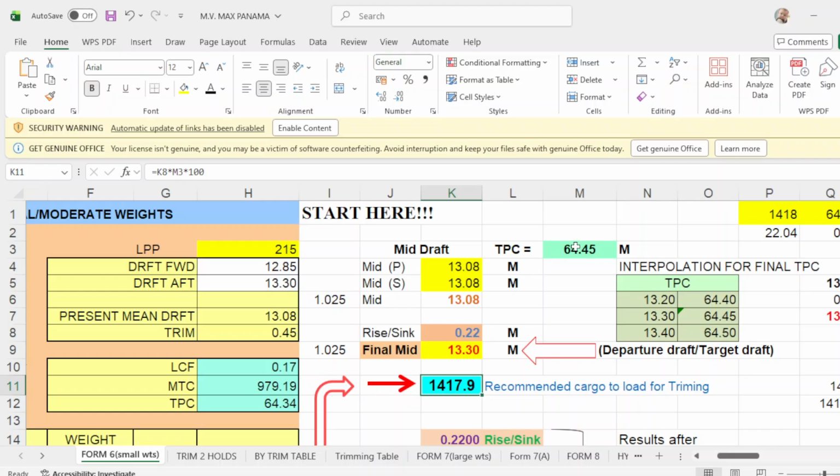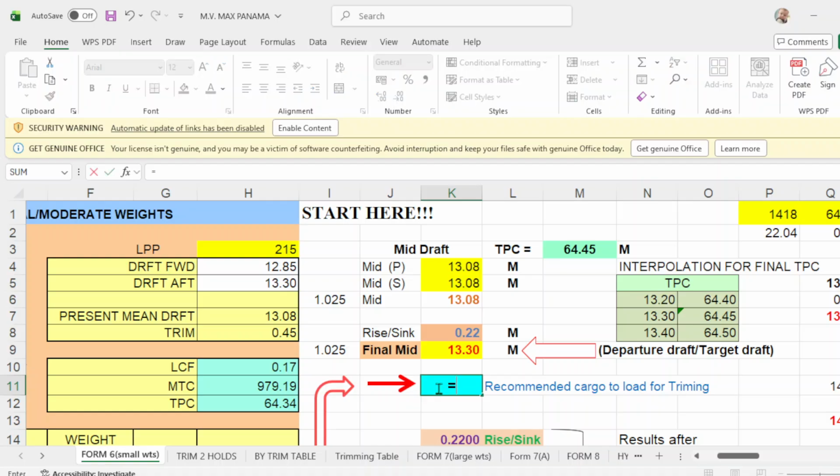Let's put it here. So we just continue the formula to get the value of the recommended cargo to load, which is K8, the sinkage, times M3, which is the TPC of your departure draft, times 100. I'll try to apply the mathematical equation.